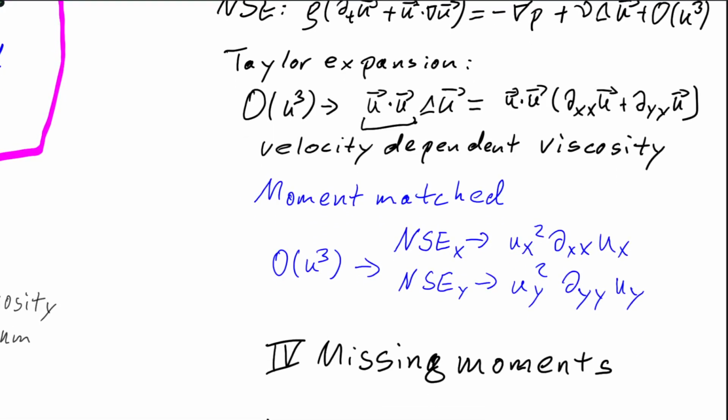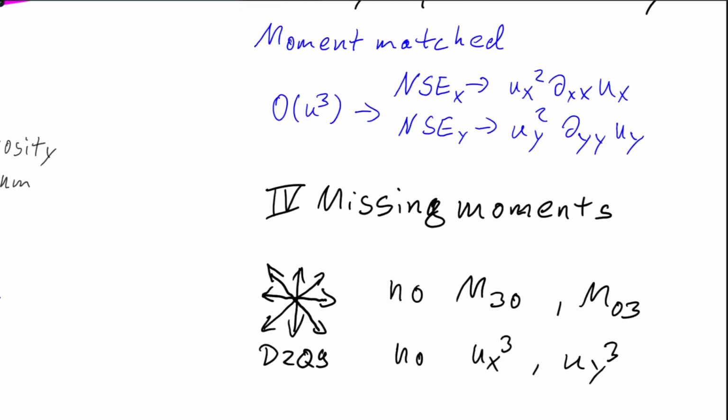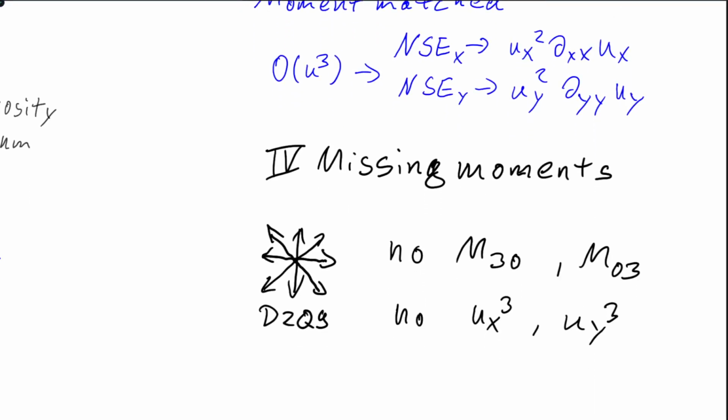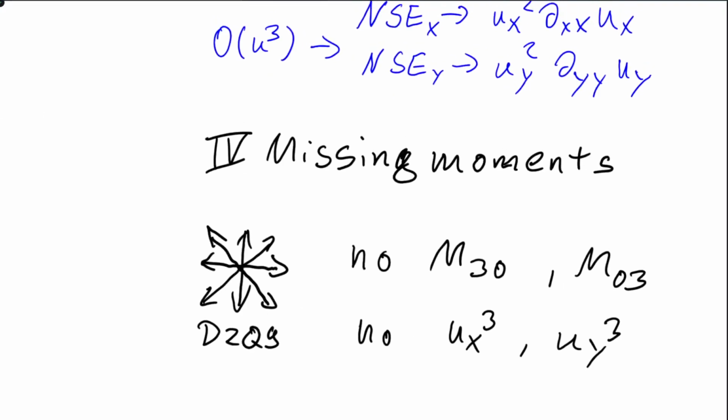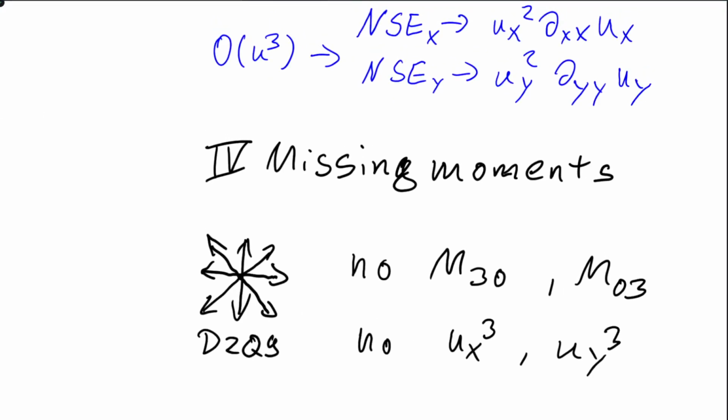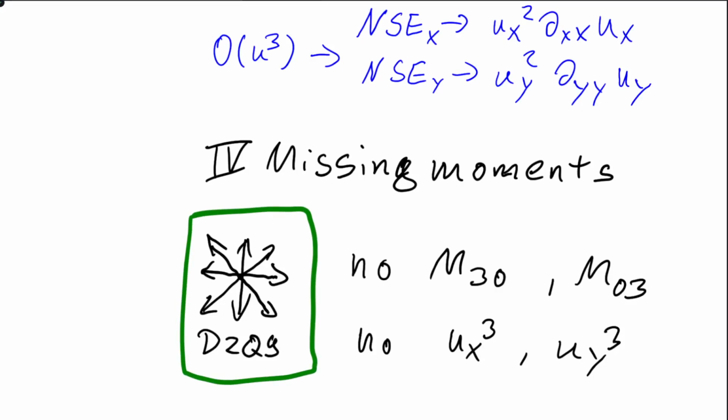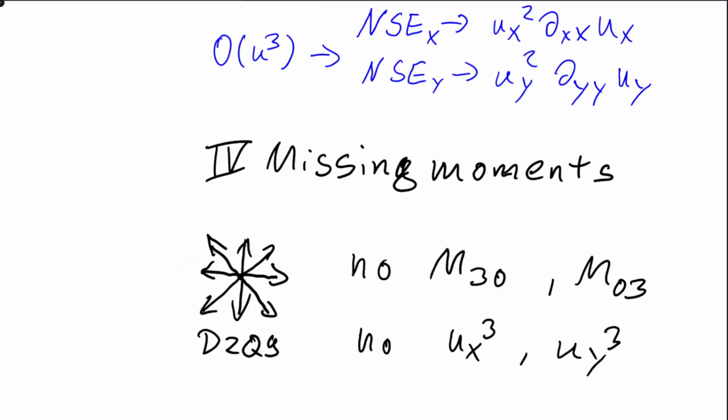And now, of course, one question is, when we do this moment matching, why don't we correct all the errors? The problem that we have, if we are on a lattice like the D2Q9 lattice, is that we actually have missing moments, like the moment M30 is missing and the moment M03 is missing.